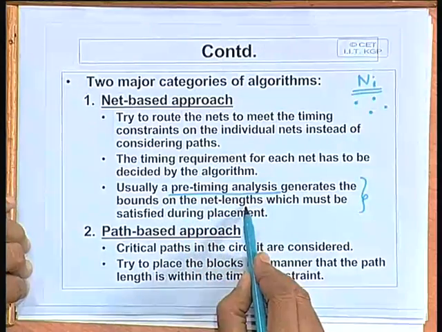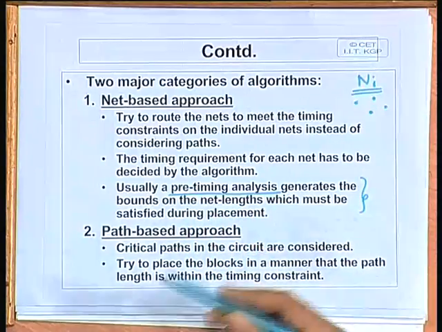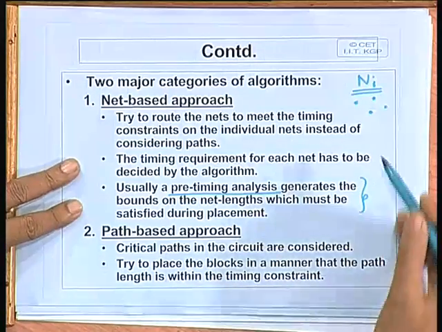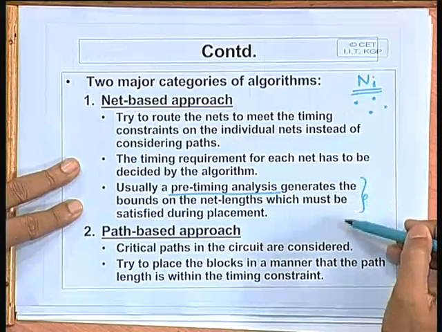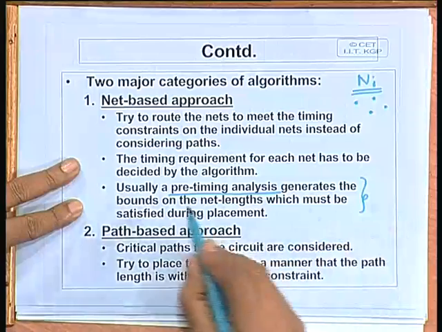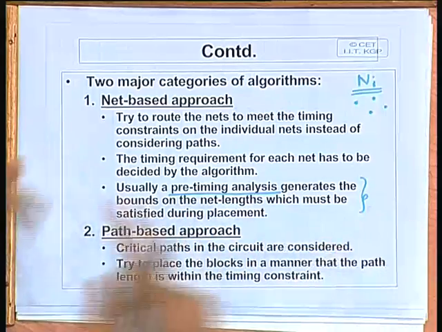Net delays will finally get translated into net lengths, because lengths and delays are proportional. Okay. So, this is broadly one approach where the pre-timing analysis tool gives you a bound of the net lengths and you try to meet them. The timing constraint is given by the user. I want to run my circuit at 100 megahertz, for example.